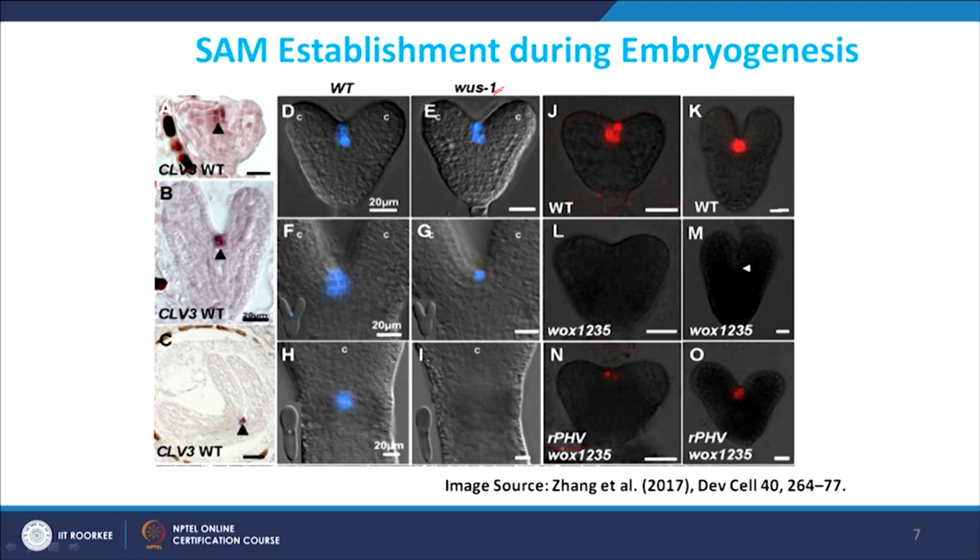If you create a point mutation at the site of microRNA binding, then this gene will no longer be regulated by microRNA, so you can have only one regulation. And when you put this FABULOSA back in the WOX mutant, you can see that the expression of CLAVATA3 is coming up.